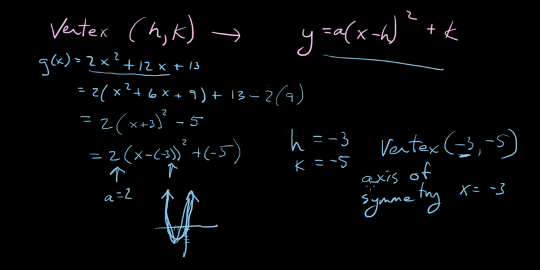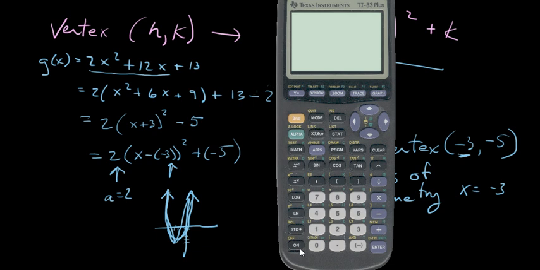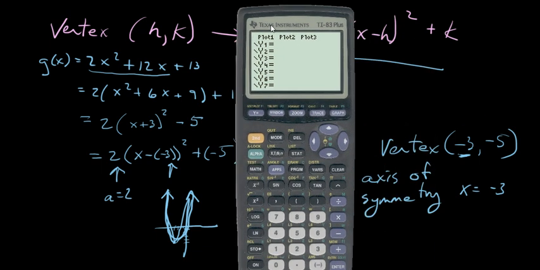In a moment here. There we go. There's our graphing calculator. And clear out whatever I have there. And go up here and I'm going to put the original one in there, 2x squared plus 12x plus 13.